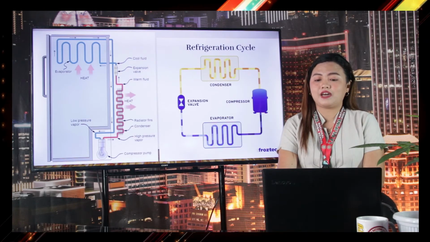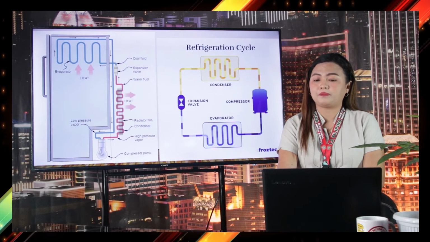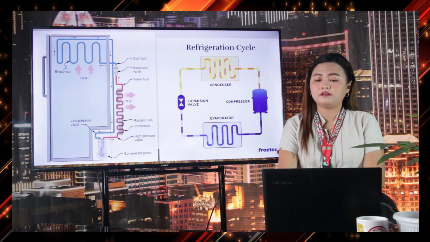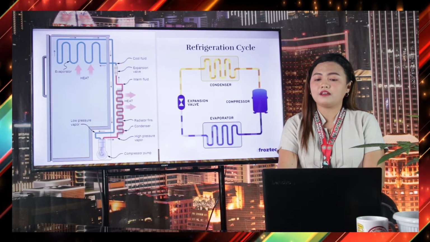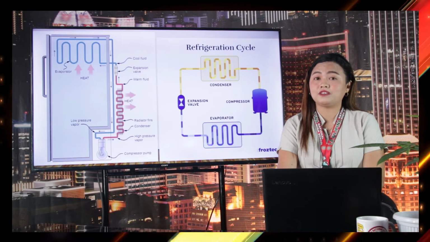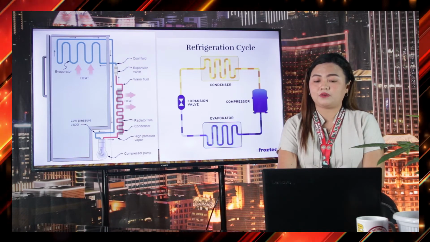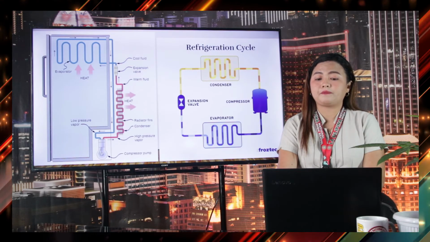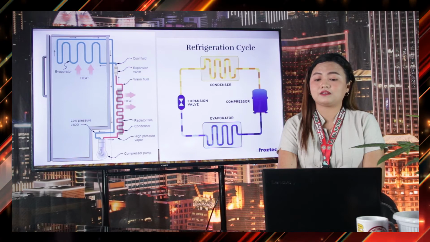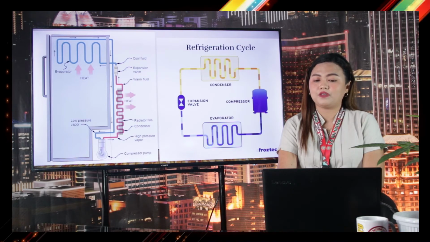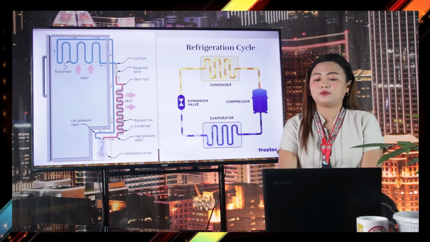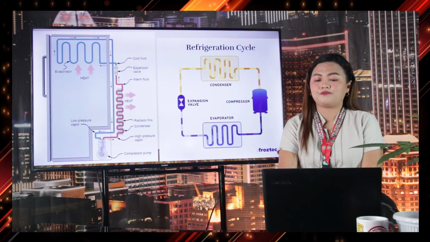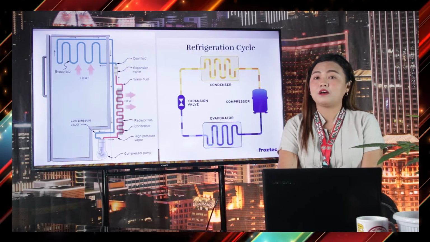The refrigeration cycle contains four major components: the compressor, condenser, expansion device or expansion valve, and evaporator. Refrigerant remains piped between those four components and is contained in the refrigerant loop. The refrigerant begins as a cool vapor and heads to the first component, which is the compressor.